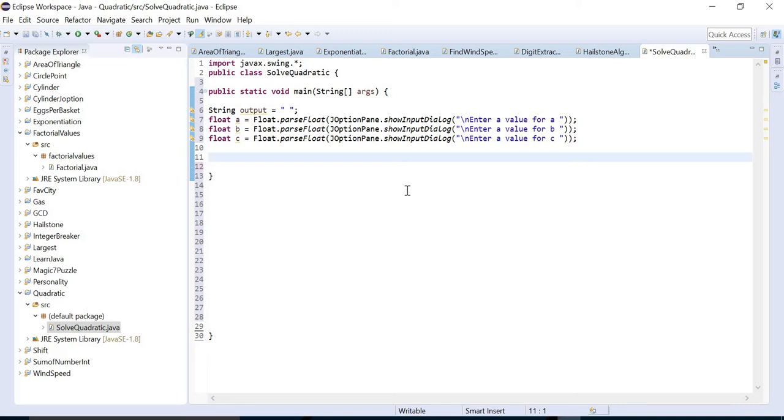Now we're going to describe the discriminant. The discriminant, guys, is everything under the square root. So in the case of the quadratic formula, b squared minus 4ac would be under the discriminant. And if you have a discriminant that's less than 0 for the quadratic formula, there are no roots for the equation, right guys?